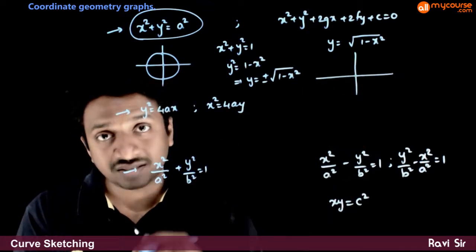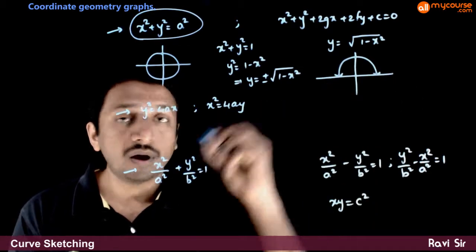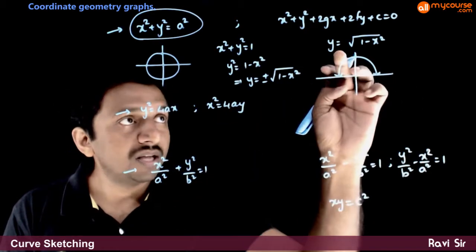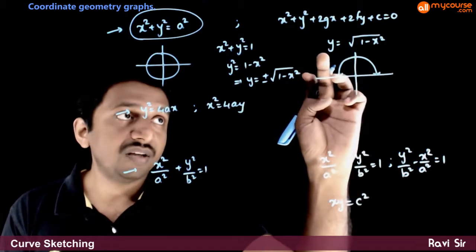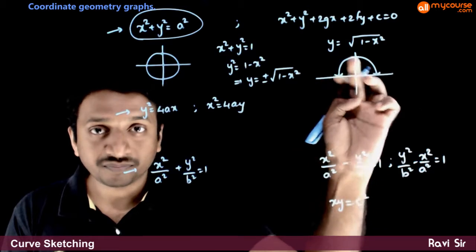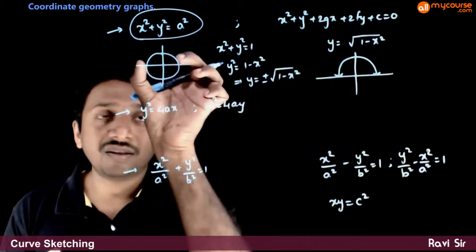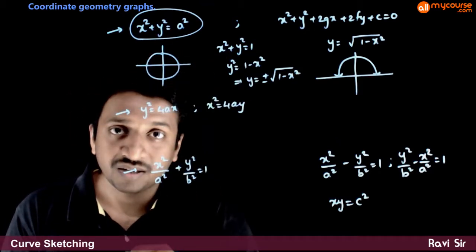Y is equal to plus root of 1 minus x square represents the upper half of the circle because root is always positive. If I say y is equal to plus root 1 minus x square, you get only the curve where the values of y are positive.